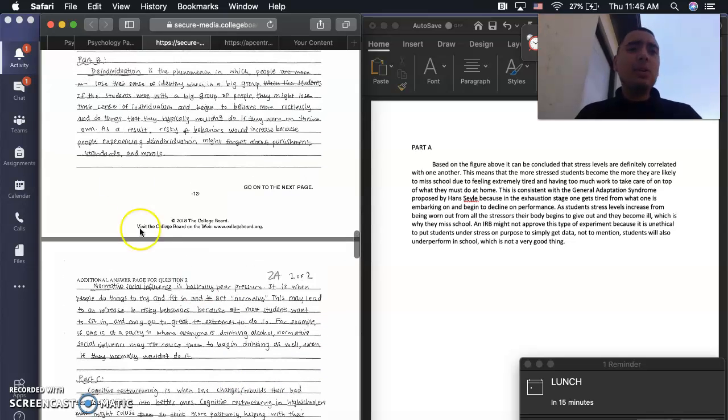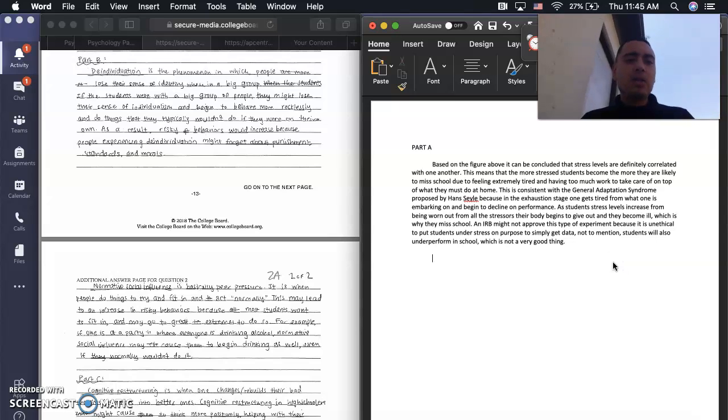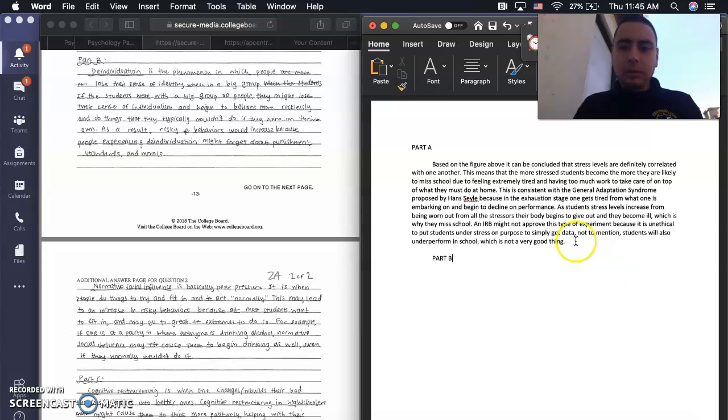Awesome. So they literally said what we said ourselves when we were talking about the question, part B. Now let's go ahead and take care of part B. Alright, so the very first thing we want to do is just talk about de-individuation.